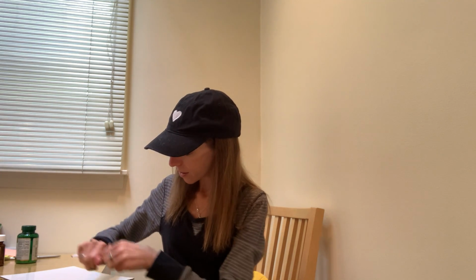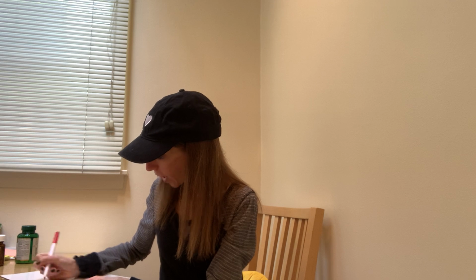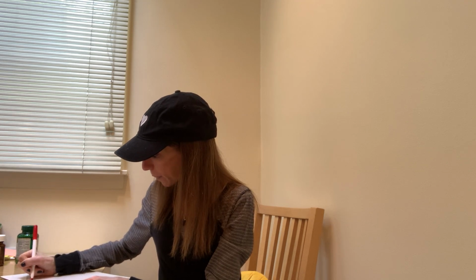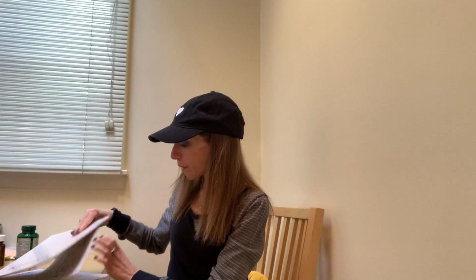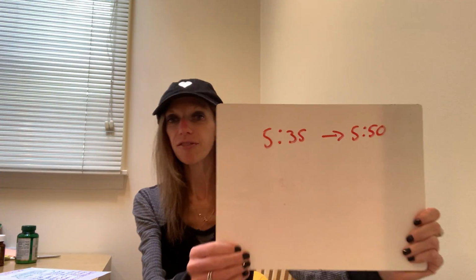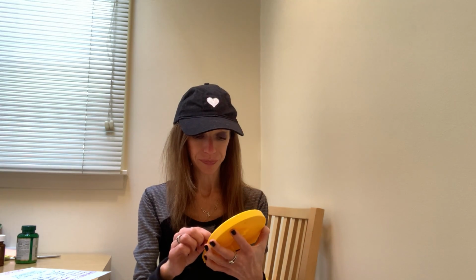So let's say I give you a time on your clock that says 5:35, and I want to know what is the elapsed time till 5:50. How many minutes passed between 5:35 and 5:50? We're going to put our clock on 5:35 because that's our starting time.